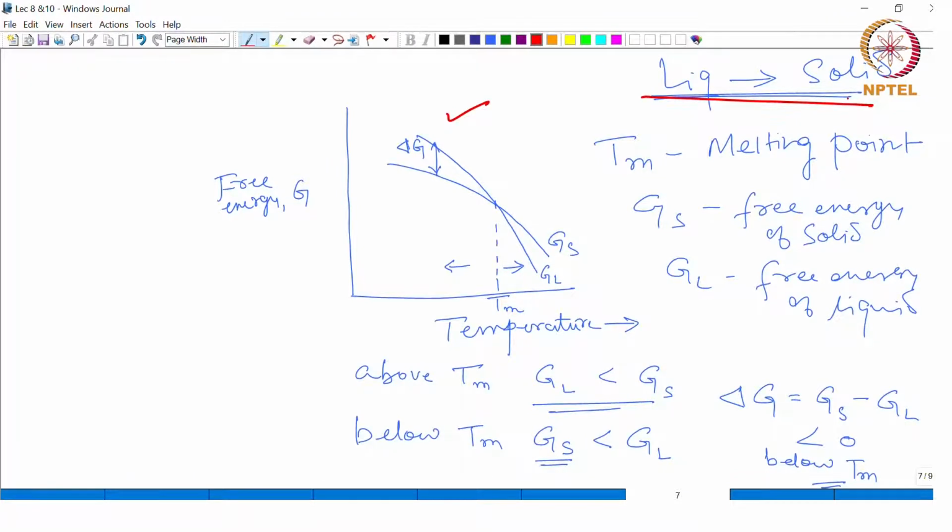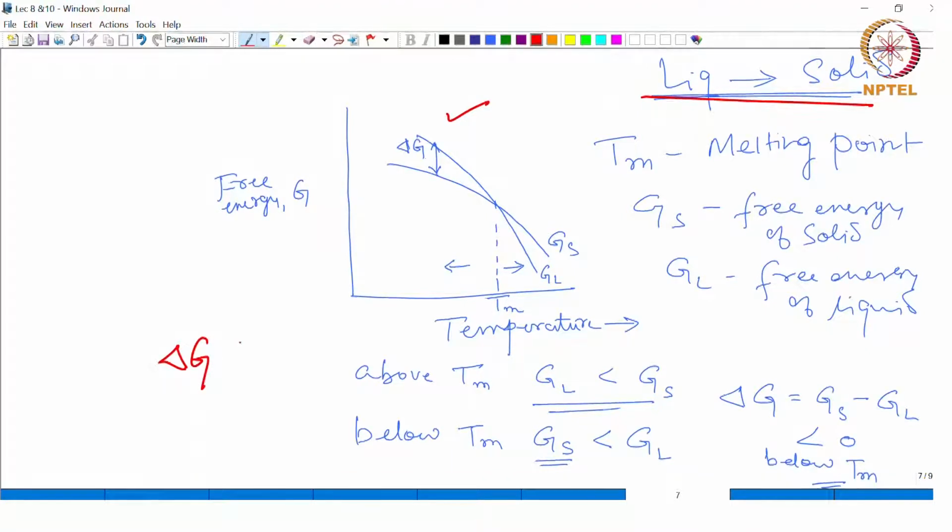whenever this change of free energy is negative, right. So, that is what we have seen in this case as well, that whenever there is a transformation between liquid and solid, liquid goes to solid as the temperature is lowered below the melting point.